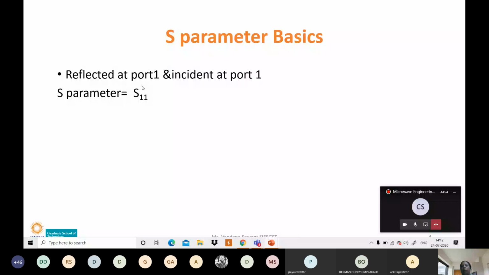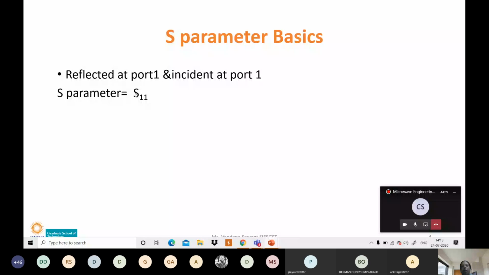Incident means I am inputting the signal at port 1, and reflected means the signal reflected back at port 1. We will see after this what we mean by reflected, or why the signal is reflected, but first we will write the S parameter. Try to write the first S parameter, as my reflected signal is measured at port 1.